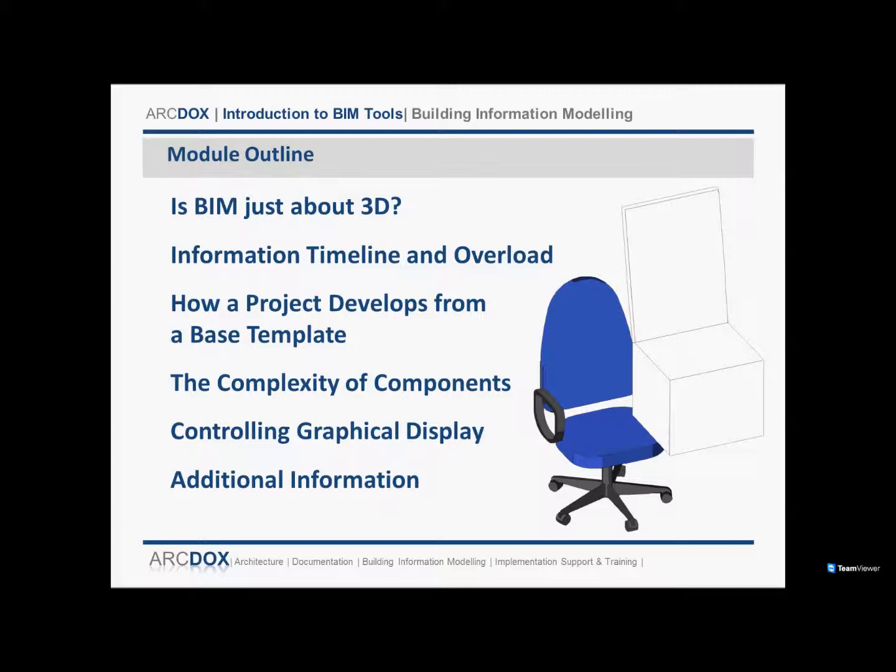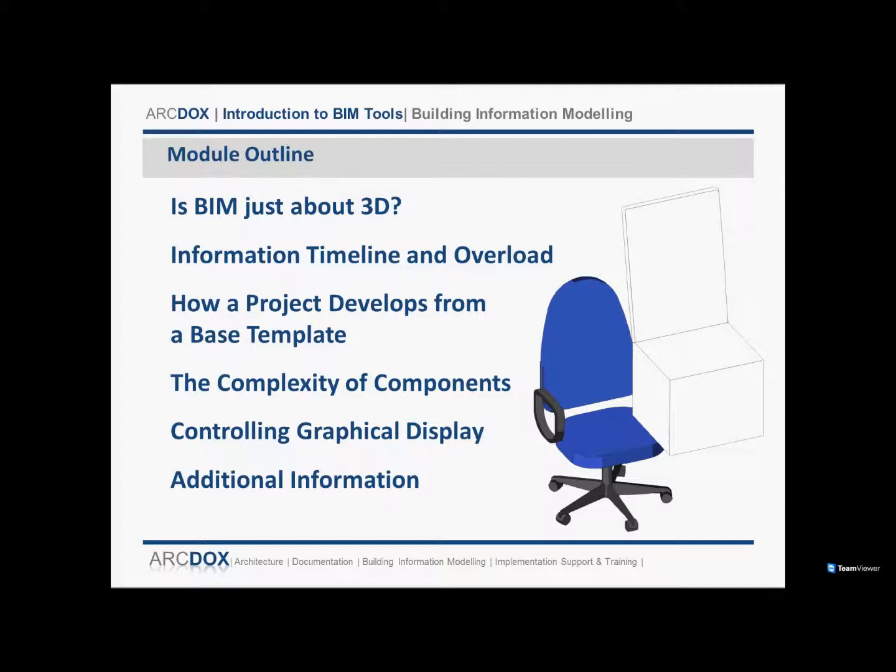So we'll be looking at how a project develops from a base template. We'll look at some best practices, and we'll also look at concept components, placeholders, basically, when you're developing from the start.